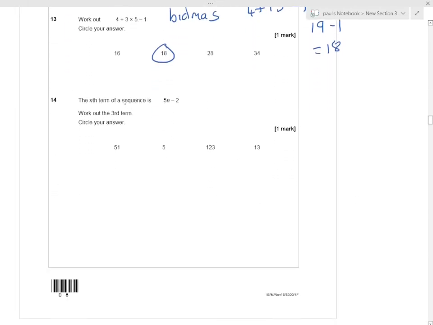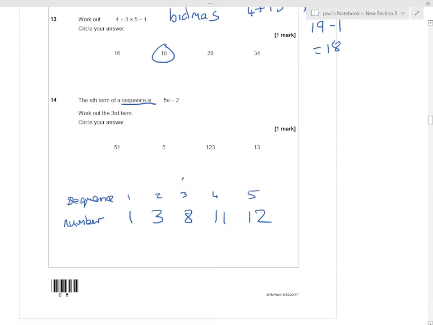Sequences, that's what we look for, sequences. Now the third term here is in a sequence, 1, 3, 8, 11, 12, something. So this is the number, and the sequence is this: first number, second number, third number, fourth number, fifth number.